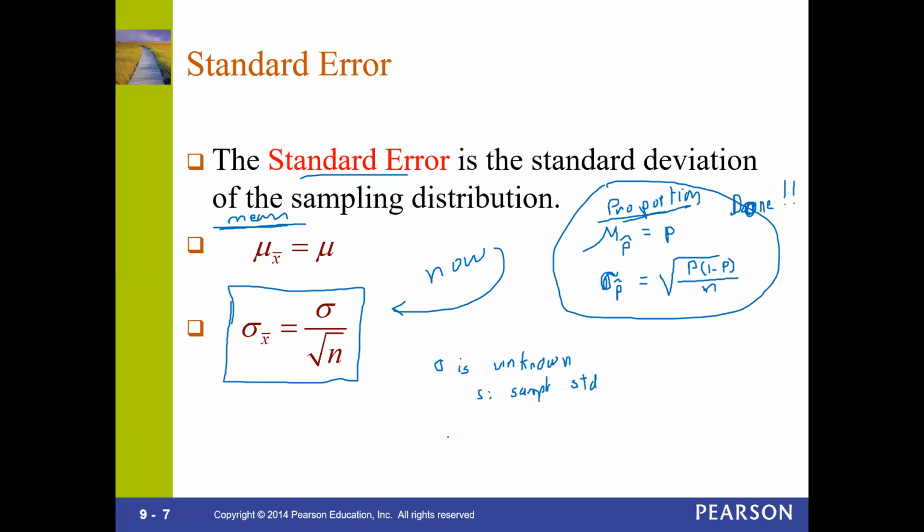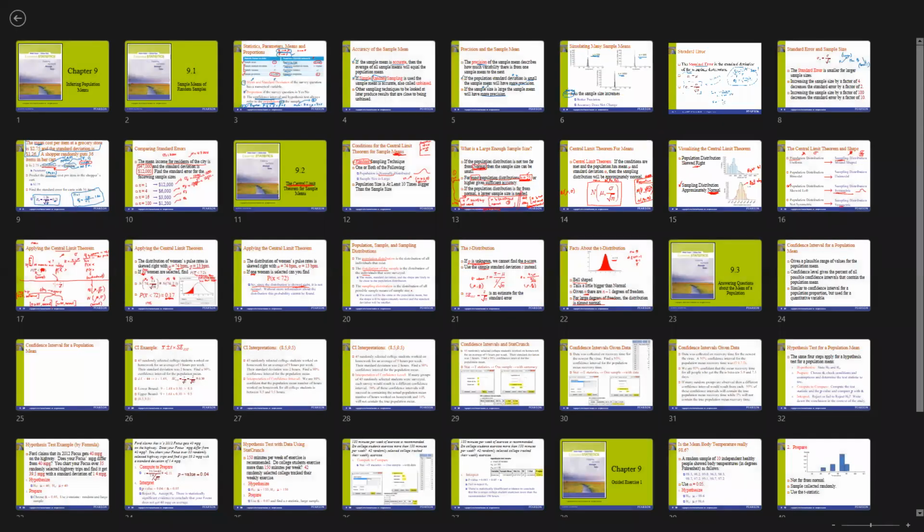So the new standard error, let me put SE, will be S over square root of N, where that's an S, not a 5, if sigma is unknown. I think we also spoke about it last class. What did we talk about again?